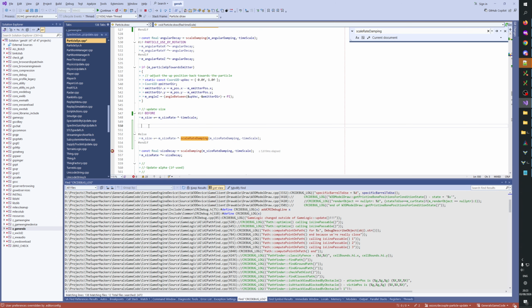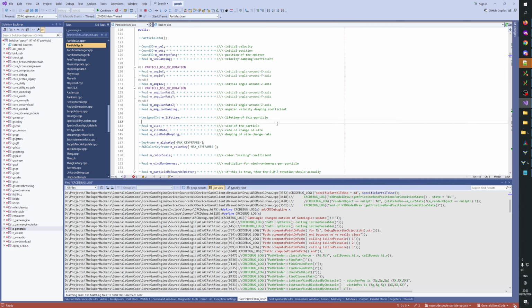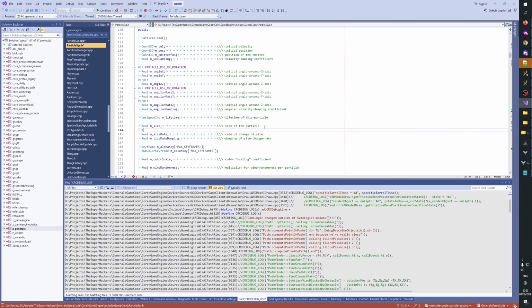Real. Let's do a real dummy size equals, let's do here size, let's do real dummy size.